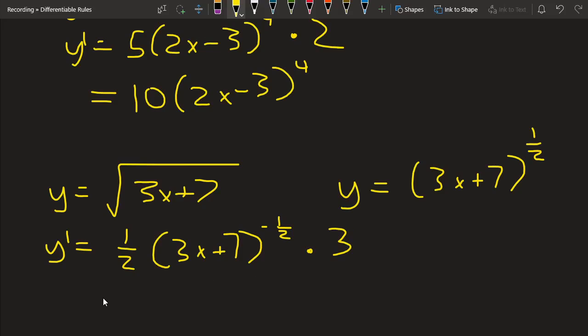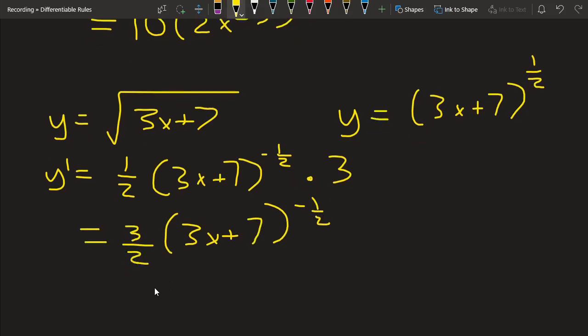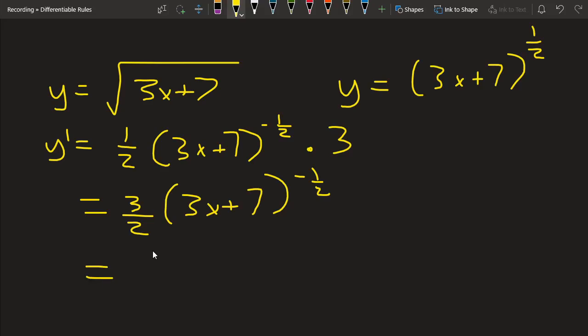So again, we can just rewrite this as 3 over 2 times (3x plus 7) to the power of negative 1/2, and this would be equivalent to 3 over 2 root (3x plus 7). Alright, let's go right into our next practice problem here.